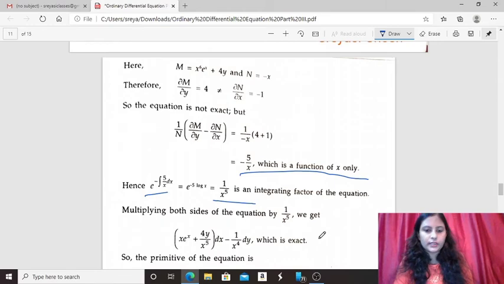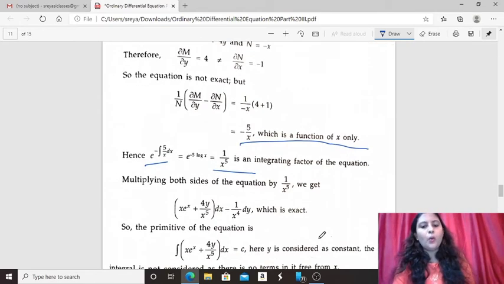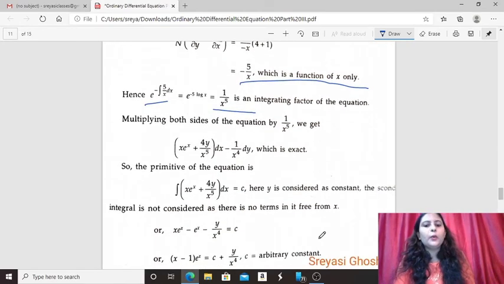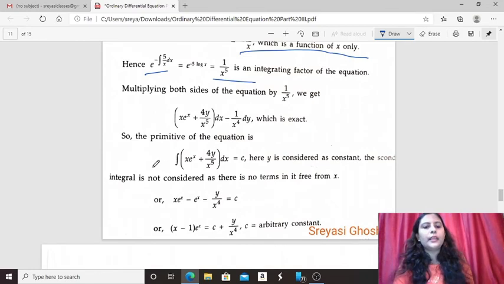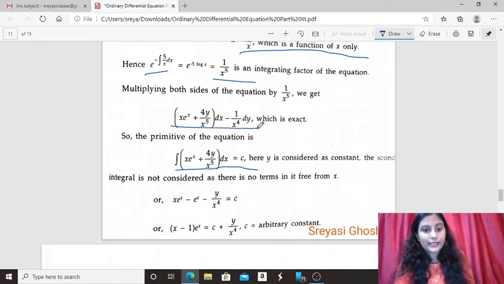Multiplying the entire equation by 1 by x to the power 5, we again get a similar thing. And since we have got back an exact equation, this is an exact equation.